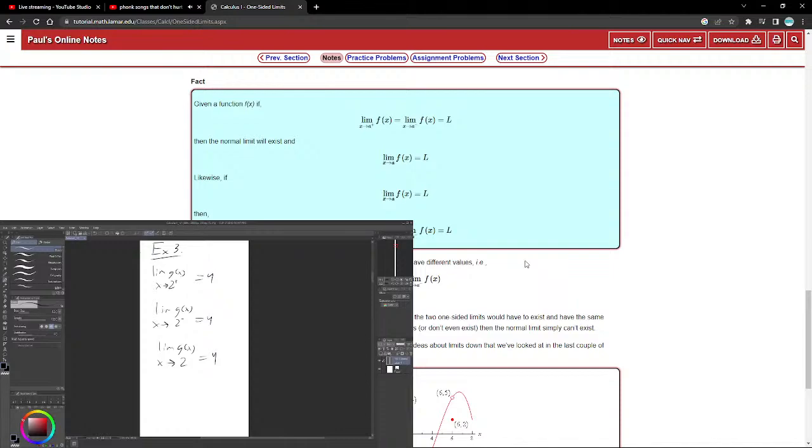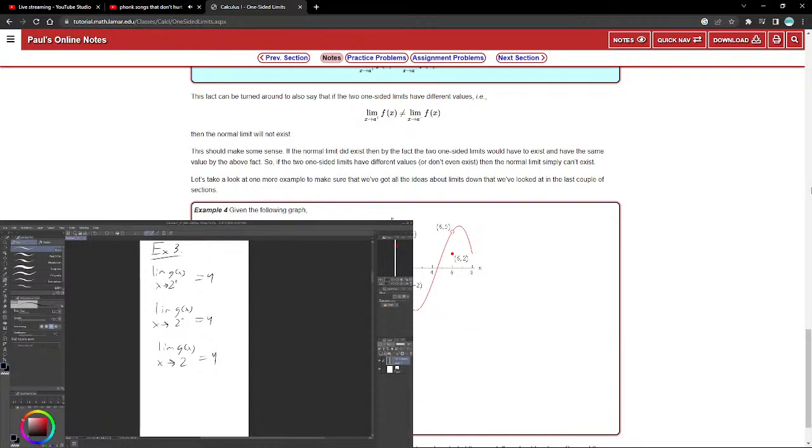Okay, likewise, if the function exists, then the left and right... I can't even, it's harder to say it than it is to understand it. This fact can be turned around to also say that if the two one-sided limits have different values, then the normal limit will not exist.